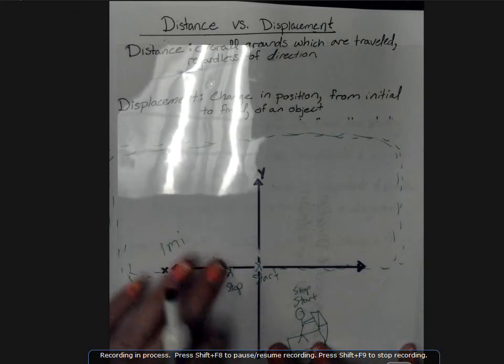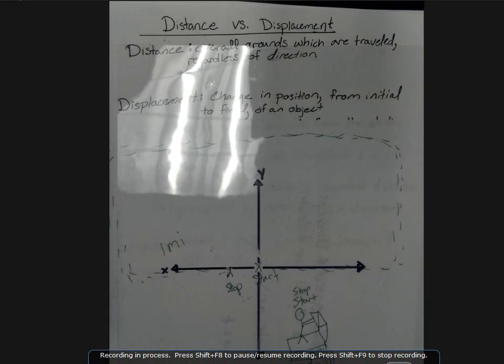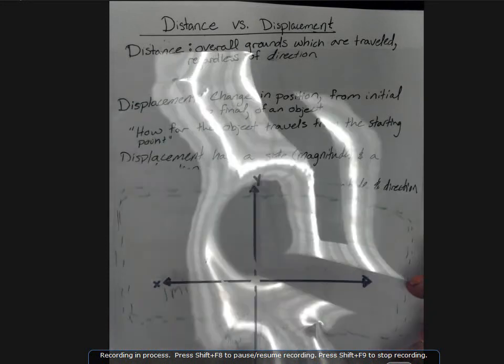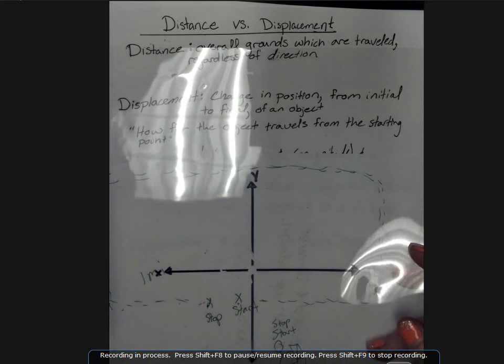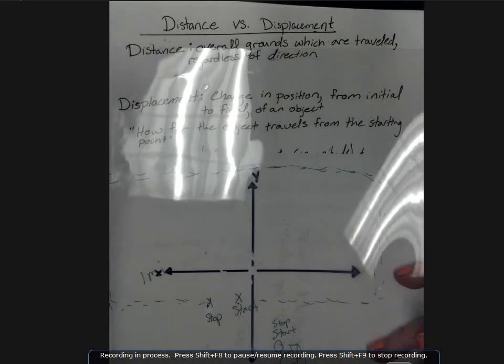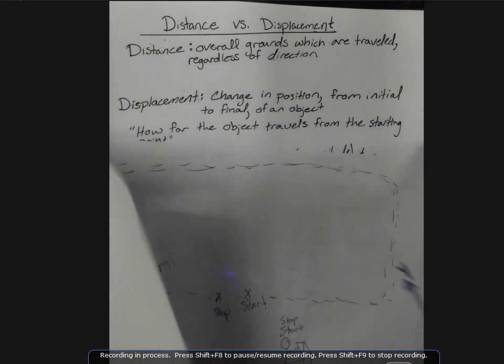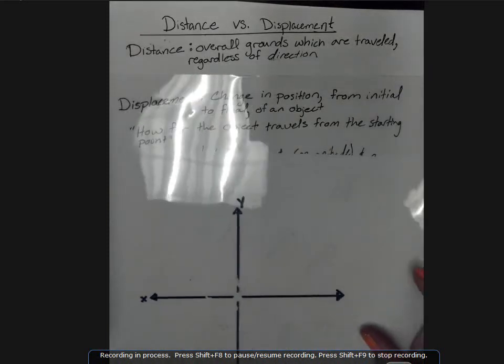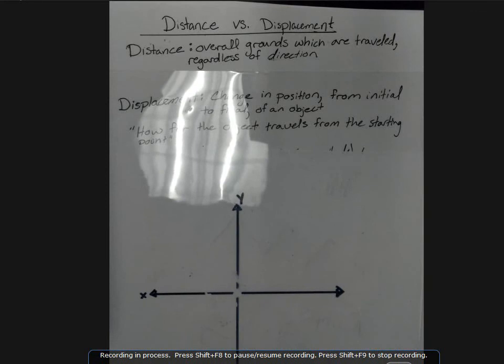So we can consider, for an actual numerical example, right, we could call displacement how far the object travels from the starting point. And we'll consider the example that I gave you before of, let's say, where did my Expo pen go? I'll use this one.